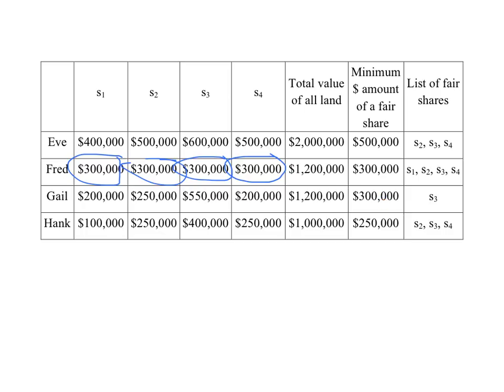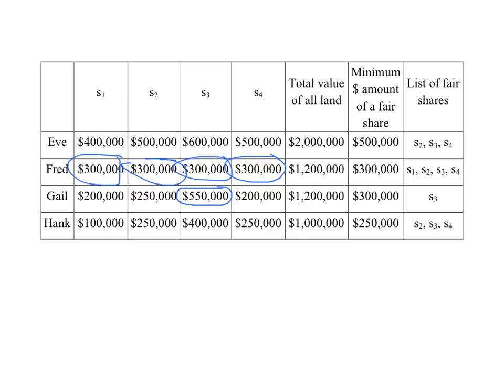However, according to her, since it is somebody else who has put down the orange cones that separate these 4 parcels from one another, she looks at those 4 pieces of land and thinks that S3 is the only really good one. She has a very high opinion of S3 and its value, and a much lower opinion of the value of S1, S2, and S4, and so only S3 lives up to her threshold, her minimum dollar amount for a fair share.